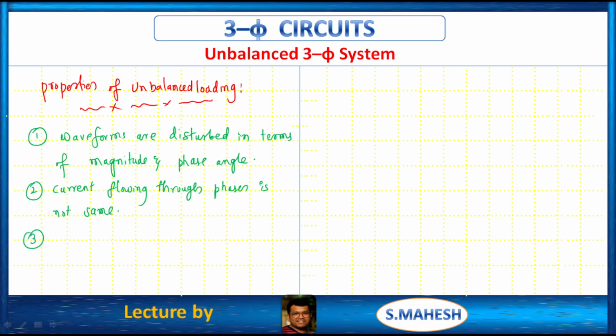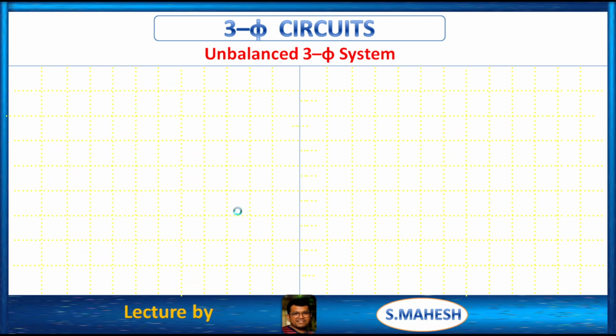Third one: a neutral connection is needed. Fourth one: power loss is more. That's it. These are the very important properties of unbalanced loading.